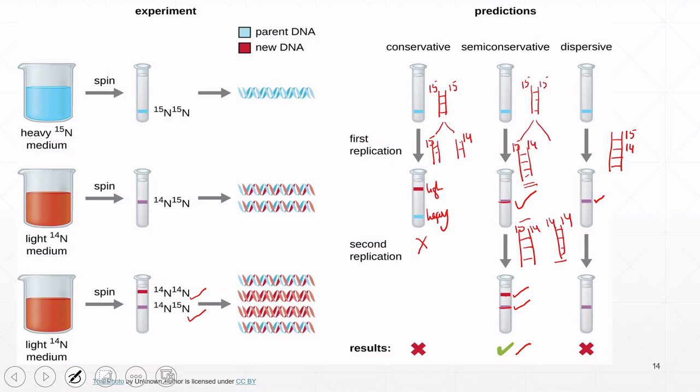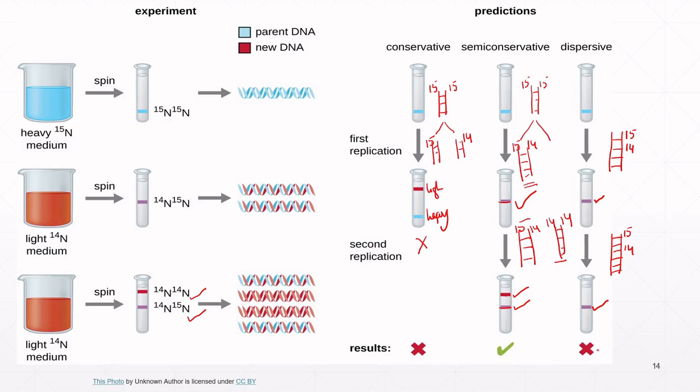Whereas we should also look at the dispersive mode. The dispersive mode will again form different fragments of DNA which contain both N15 and N14 isotopes even after the second generation. So the dispersive mode must form a hybrid band even after the second generation, which is not true with the experimental results.